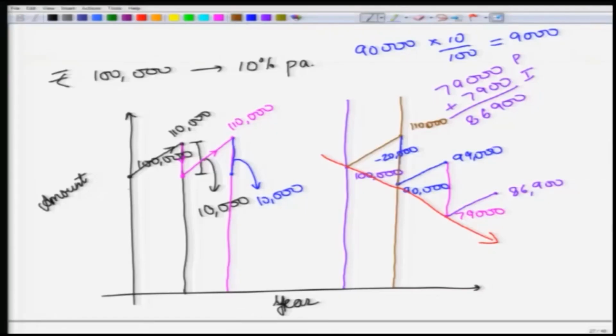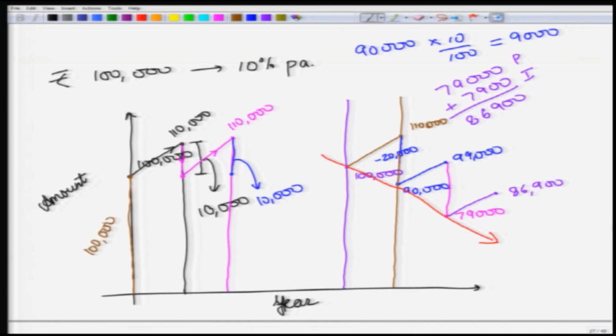Now, when we look at the meaning of yield, where we say what is the amount that can be extracted per unit time every year, this is what we are talking about. What is the amount that you can take out of your bank, such that at the end of the year you will be in the same situation as it was at the beginning of the year. Now, the second meaning is what is the amount that you have in your bank. So, if we ask the question at this point of time, the amount that you have in the bank is 100,000 rupees.